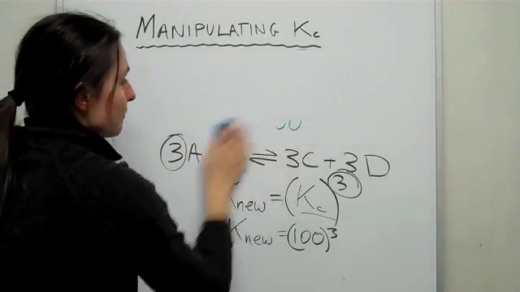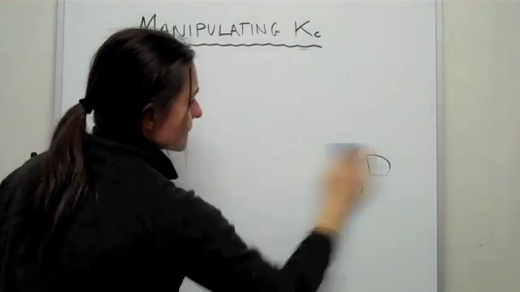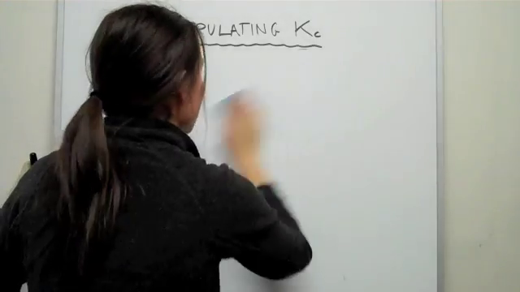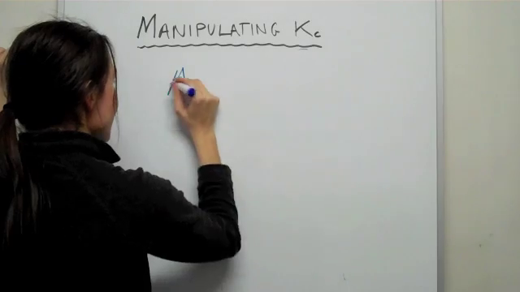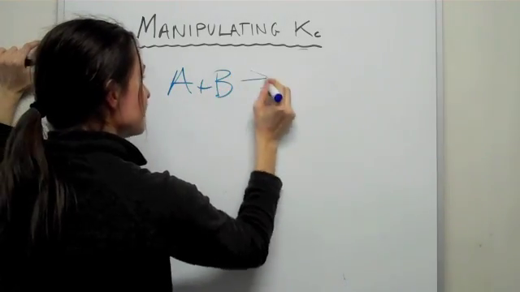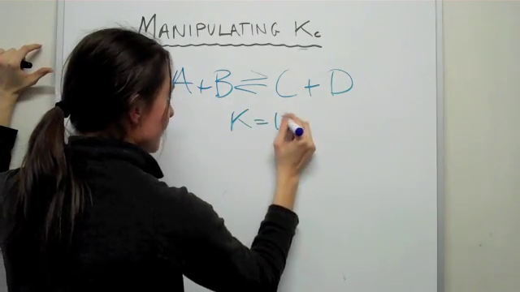Finally, let's look at a blend of both of those and see how it's put together. Back to our trustworthy equation: A plus B gives us C plus D, and the K value is 100.